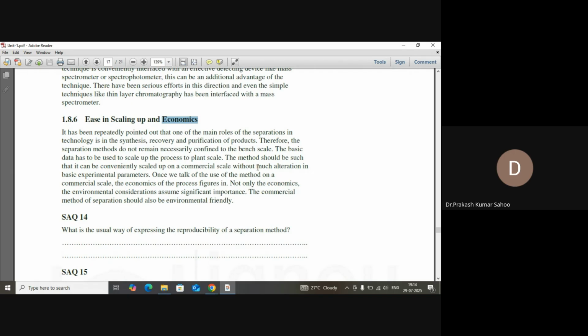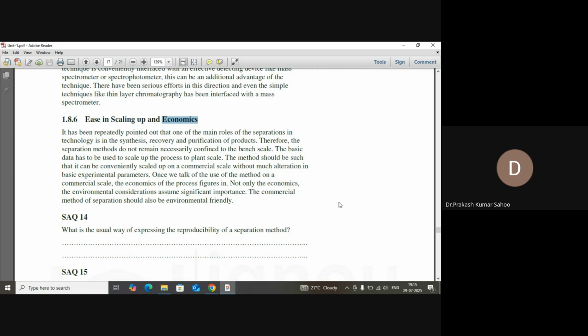So in any separation technique, we must consider the economic part. If we are collecting a component worth 1000 rupees, and we have to pay 5000 rupees for the separation, then that will not be treated as economic, and it will not be viable.